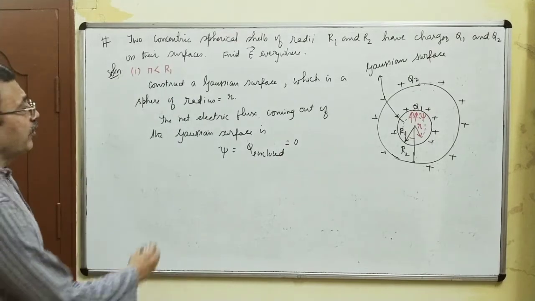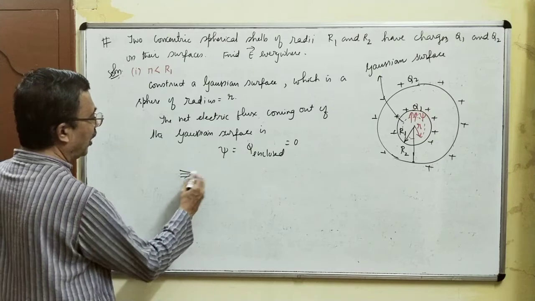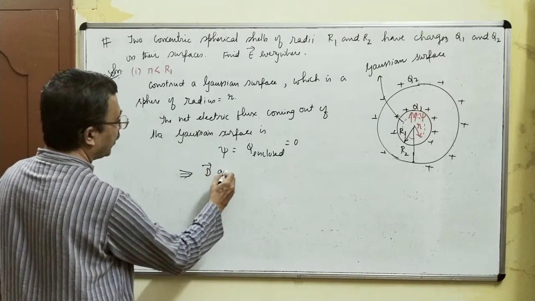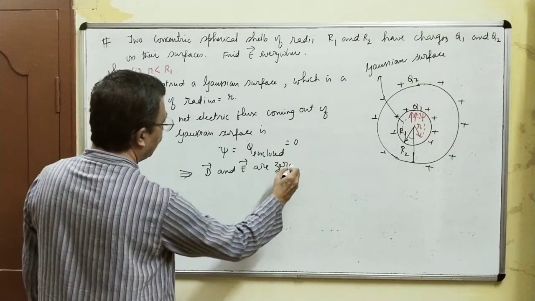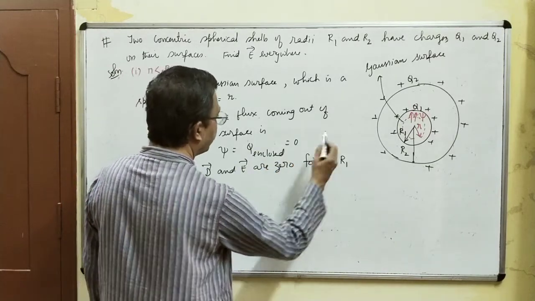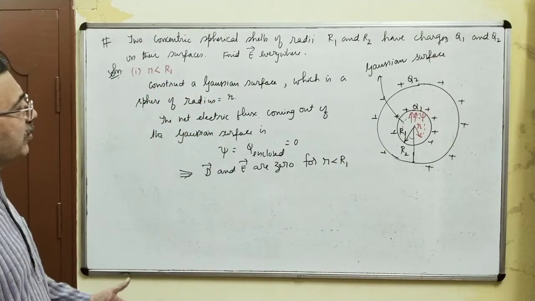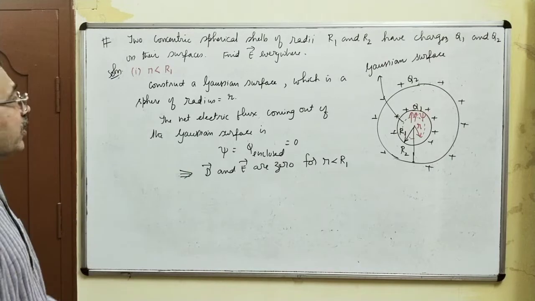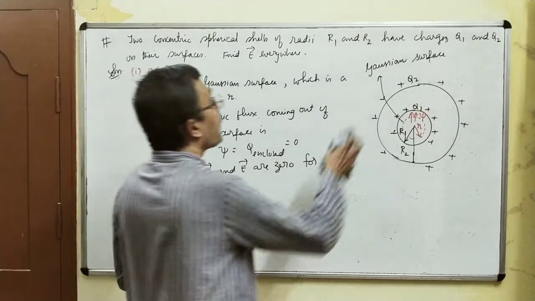Since psi equals 0, it implies vector D and vector E are 0 for R less than R1. For R less than R1, there is no electric field intensity nor is there electric flux density.